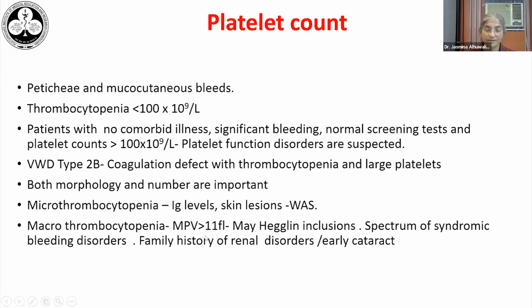Whereas large platelets with a mean platelet volume of more than 11 femtoliter may be associated with syndromic bleeding disorders, such as the May-Hegglin anomaly, the Epstein syndrome, and the Sebastian syndrome. And here there may be inclusions in the neutrophils. Patients with these macrothrombocytopenias, it's important to ask for a history of early onset nephrotic syndrome, nephritic syndrome, or cataract, because these may be clues to the presence of this May-Hegglin anomaly syndrome.